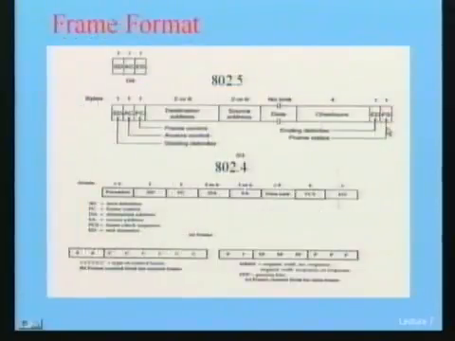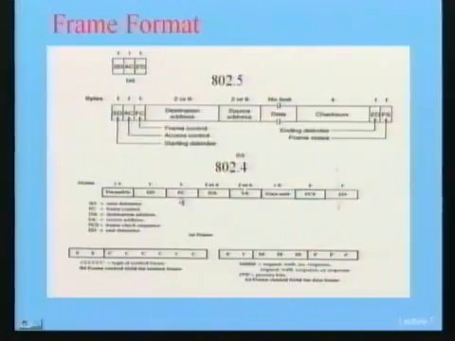Now, what is the packet format? This was the packet format of 802.5. This is the packet format of 802.4. In 802.4, again, it does have a preamble, because it's more modem-oriented, more analog. Modems are analog devices, so they have a preamble. Other than that, you have a start delimiter, and then you have frame control. Why do you need frame control?